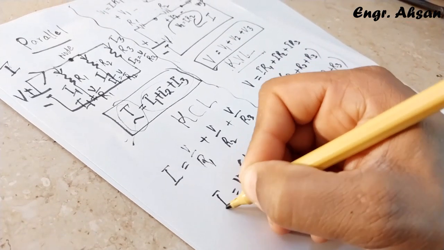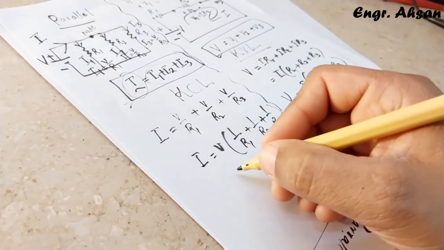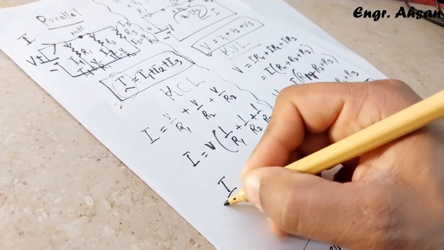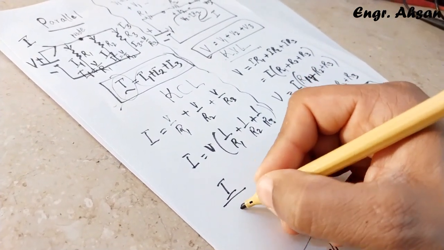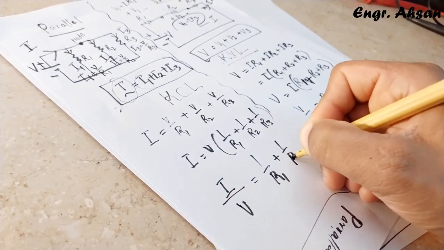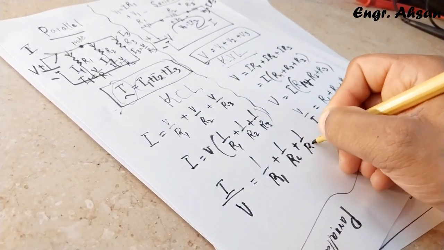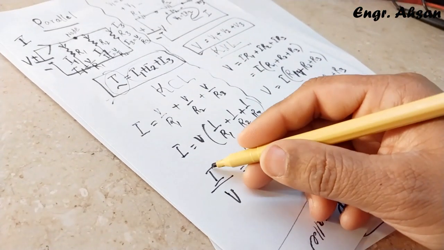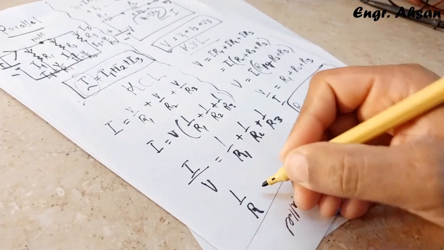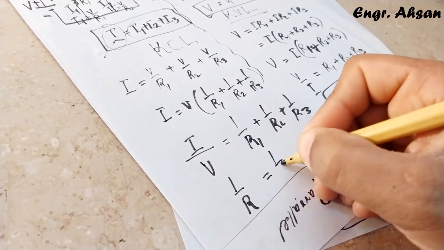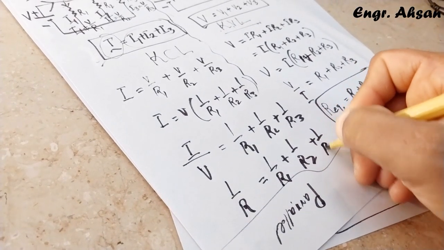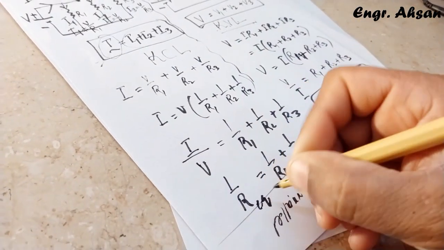So here is I. Then we take this V to the other side, so I over V is 1 over R1 plus 1 over R2 plus 1 over R3. V over I is R, and I over V is the reciprocal of R. So 1 over R is equal to 1 over R1 plus 1 over R2 plus 1 over R3. This R would be R equivalent.